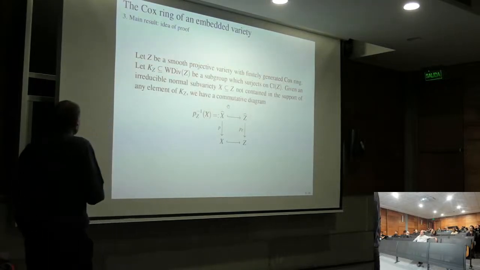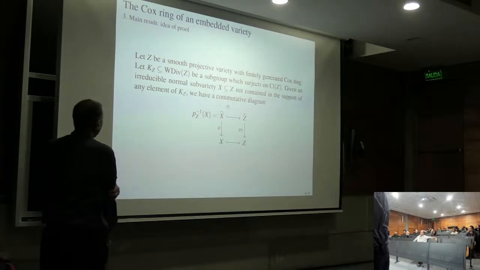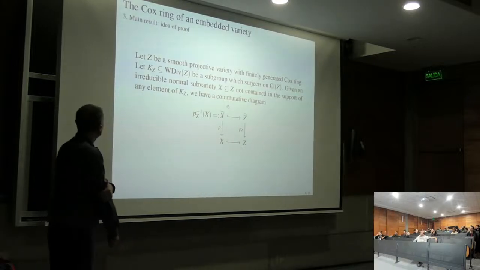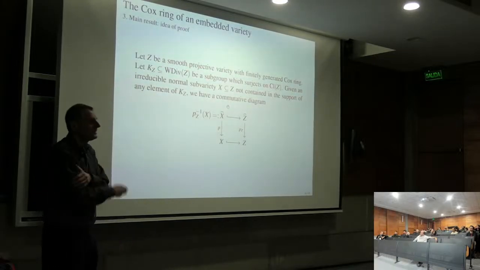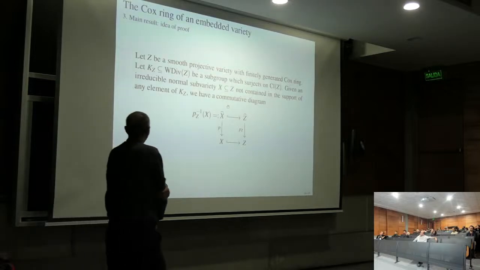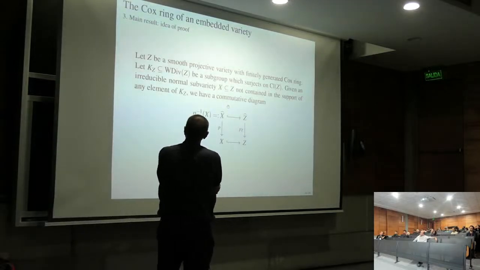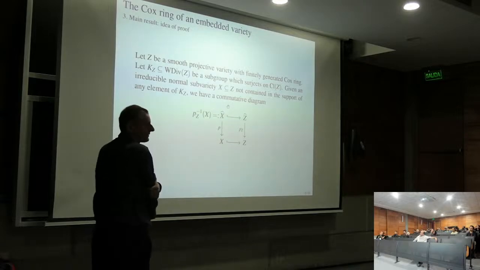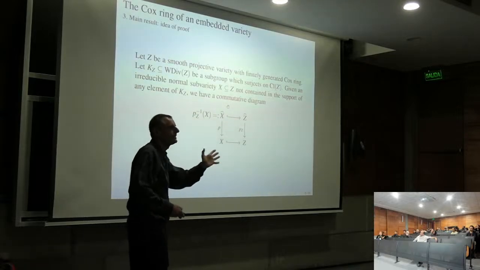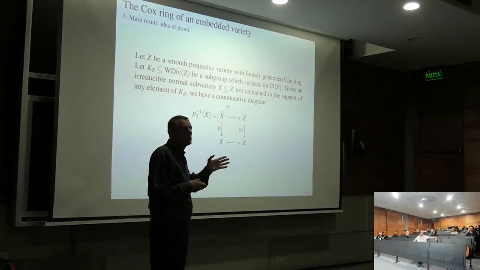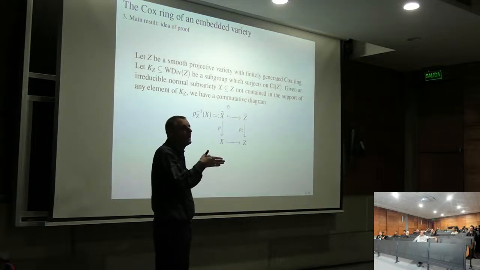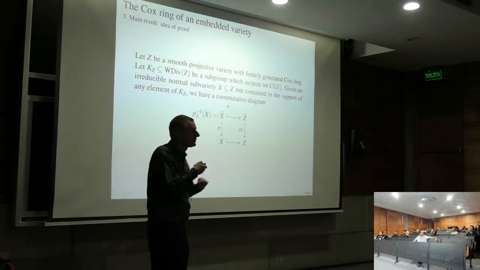Okay, so let's see, a projective variety with finitely generated Cox ring. I'm assuming Z to be smooth. When we do the construction of the Cox ring, we need this subgroup K of the group of Weil divisors projecting onto the divisor class group.